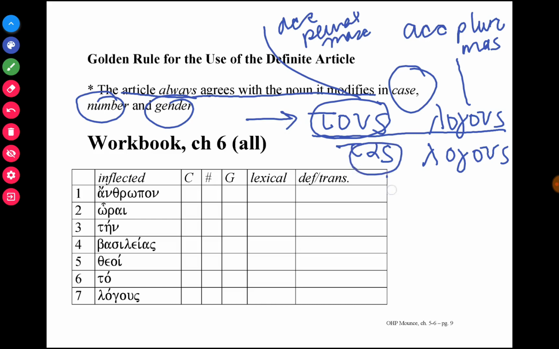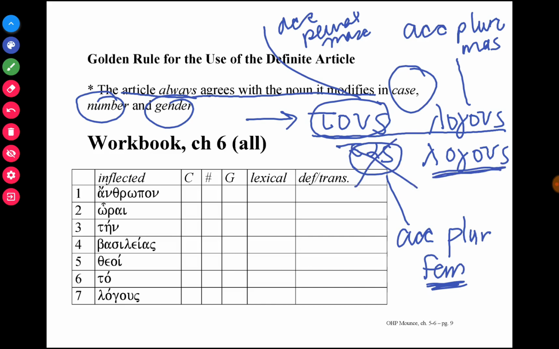Tas doesn't work because yes, it's plural, and yes, it's accusative, but this is a feminine article. It doesn't match the same gender as logus, which is masculine, so I can't use it. So the rule is that all three have to match.